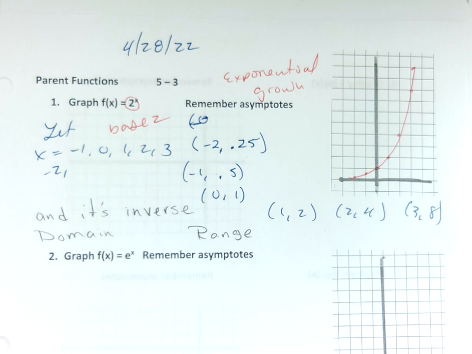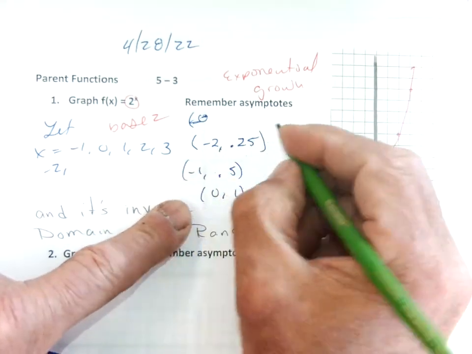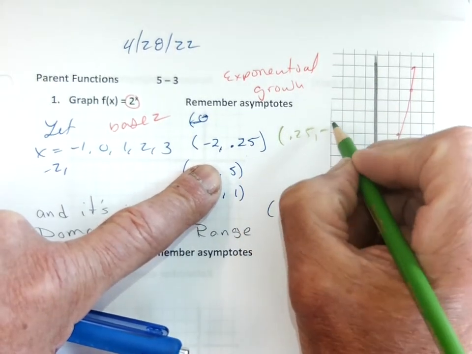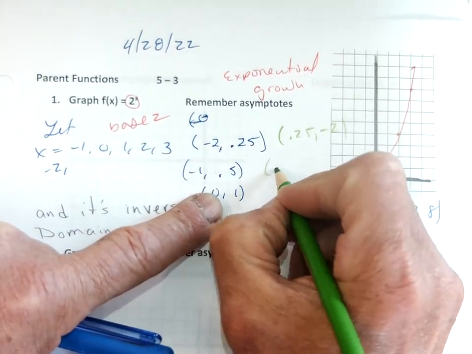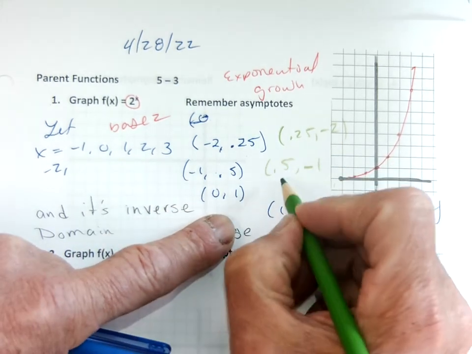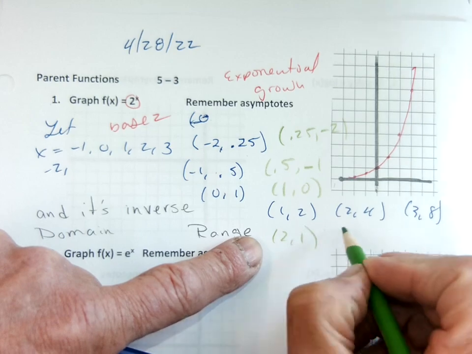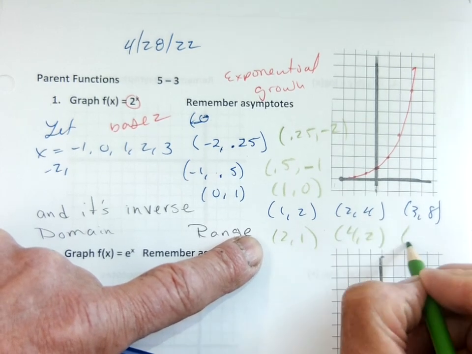Now its inverse is just going to be the opposites. So the inverse, let's see if I can put that in a different color. Green will work. So its inverse would be at 0.25, -2, 0.5, -1, 1, 0, 2, 1, 4, 2, and 8, 3.